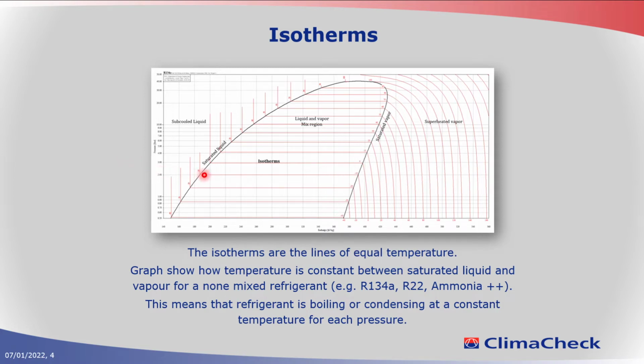So if you're evaporating at a certain pressure, you will then evaporate at this constant temperature all the way up here until you have 100% vapor. Same thing in the condenser. At the higher pressure, you will condense at the constant temperature until you have 100% liquid and you start getting subcooling.